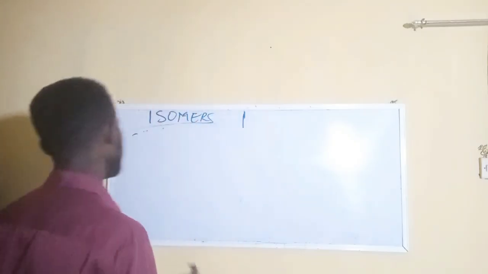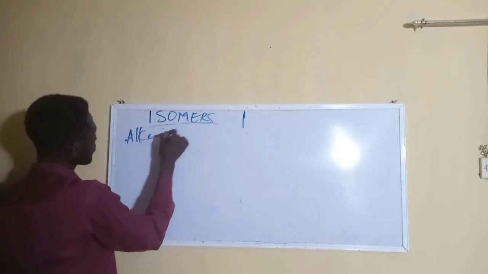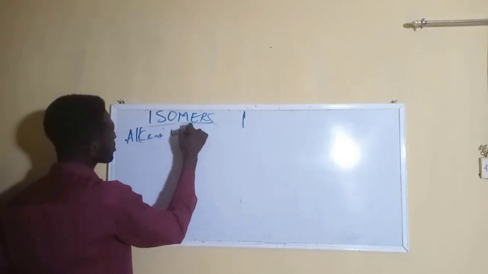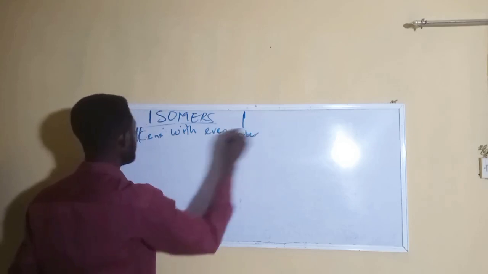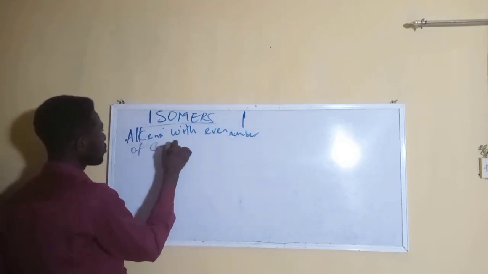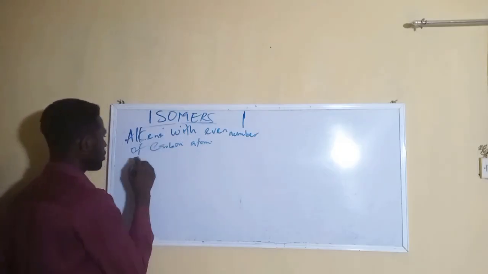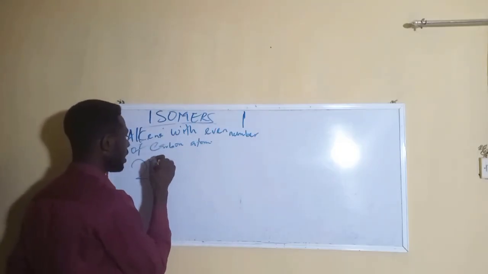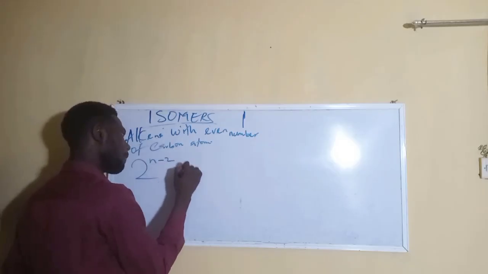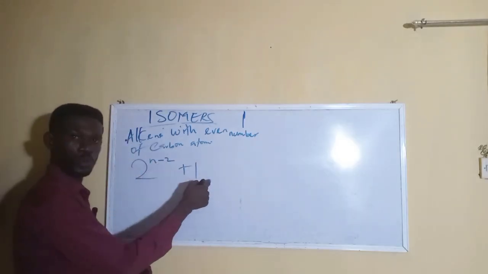Let's say it is an alkene with an even number of carbon atoms, what's the formula you're going to work with? 2 raised to power n minus 2 plus 1.